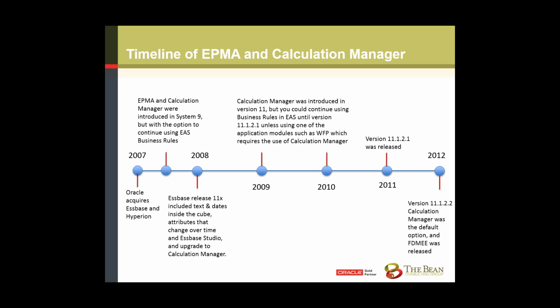So we were dealing with a situation where we had a client who had developed an HFM application, 2 Planning applications and 3 Essbase applications, 2 ASO and 1 BSO, all using EAS Business Rules and all managing their dimensionality individually within each application.